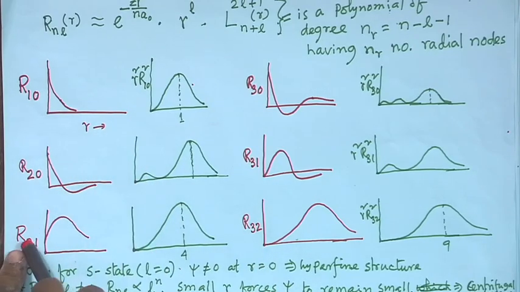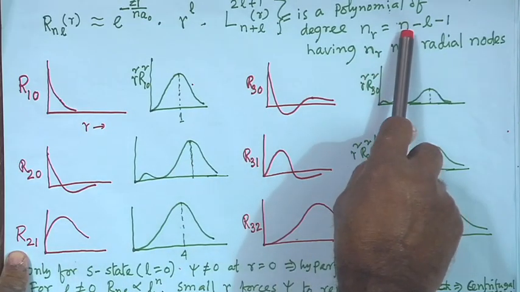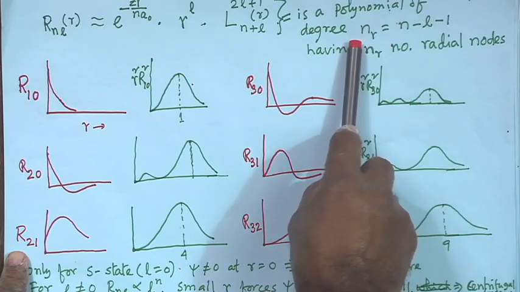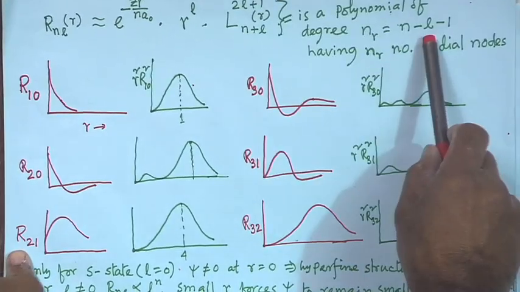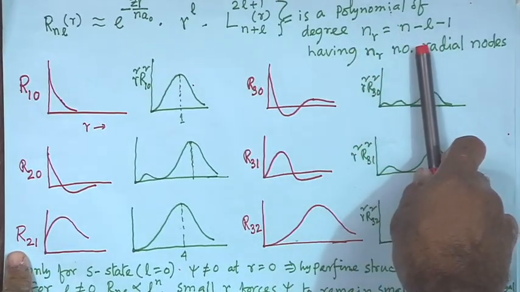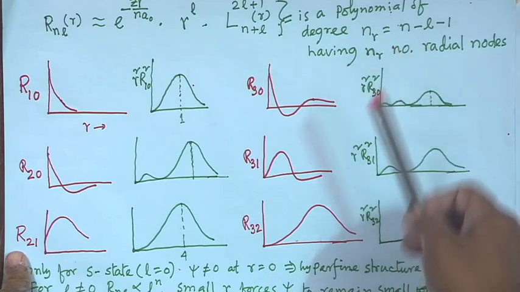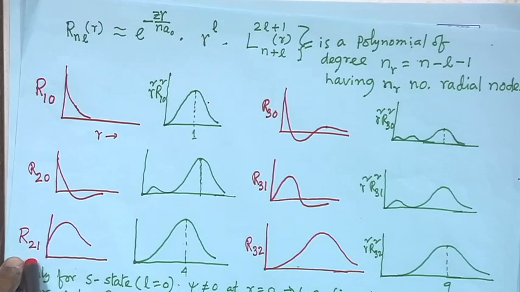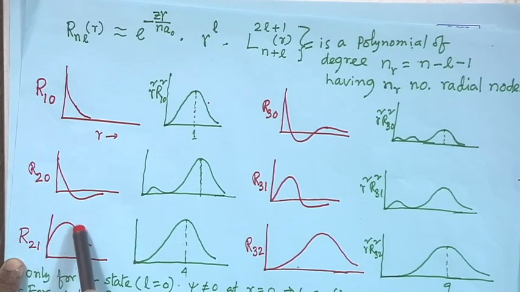Similarly, for R N L, n equal to 2 and L equal to 1. So, here NR will be 0, right. So, the number of nodes will be 0. So, this wave function, if you plot, it should be like this.